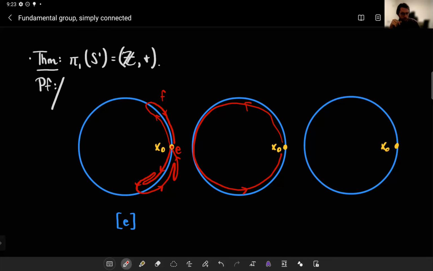No, and that might take a little bit of proving. You might not even believe it at first. But how on earth could you possibly take this thing and contract it to the do nothing loop? You would almost have to go outside the space and contract it like this.